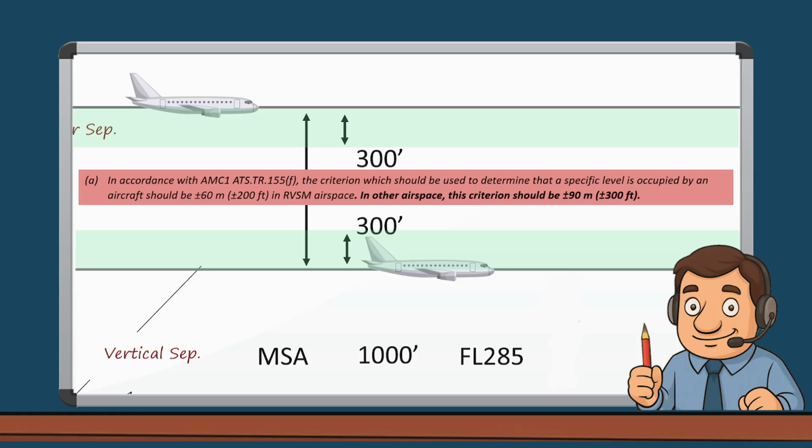Now, how do you go about this vertical separation? There are rules on this, and it seems to confuse many students and controllers alike of how this may be used. So let's just get this settled via EASA Part ATS once and for all.